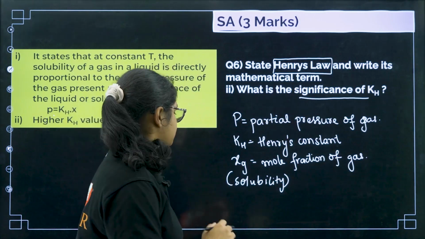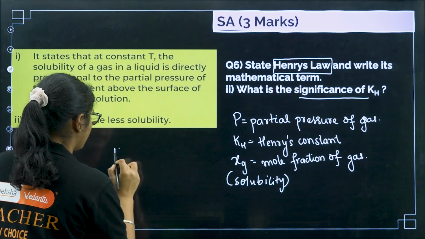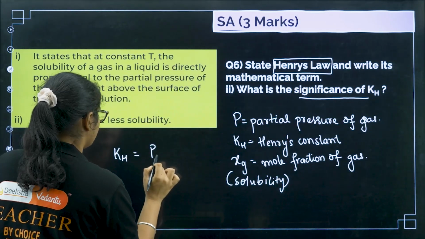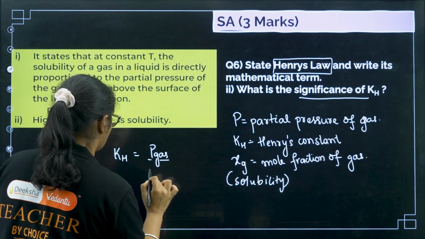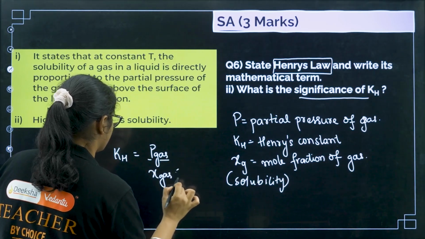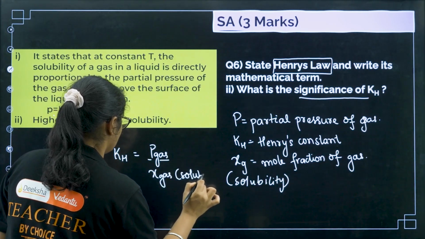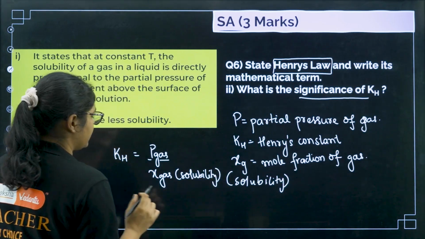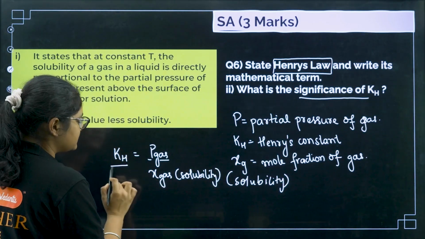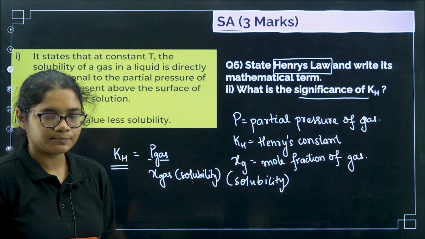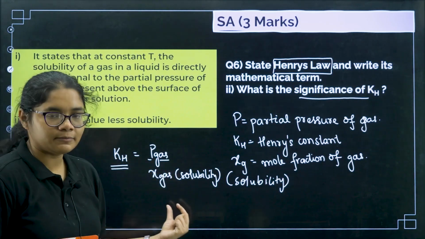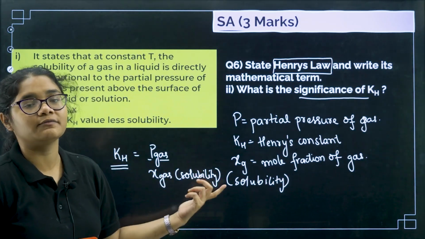Next, what is the significance of Kh? In this expression, Kh is equal to the partial pressure of the gas divided by the mole fraction of the gas, or the solubility of the gas. So the solubility of the gas is inversely proportional to Kh. If Kh is more, solubility will be less. If Kh is less, solubility will be more.